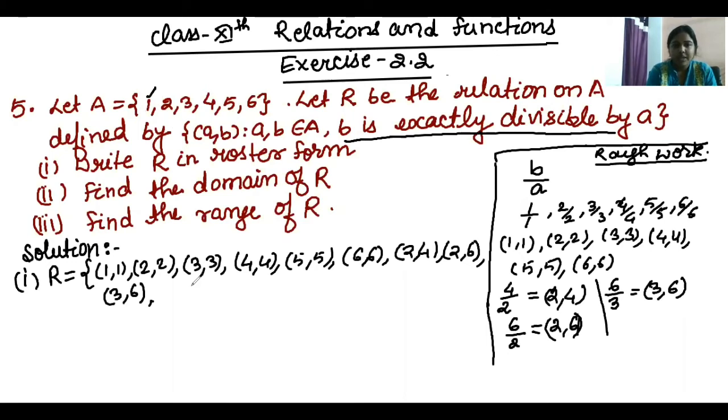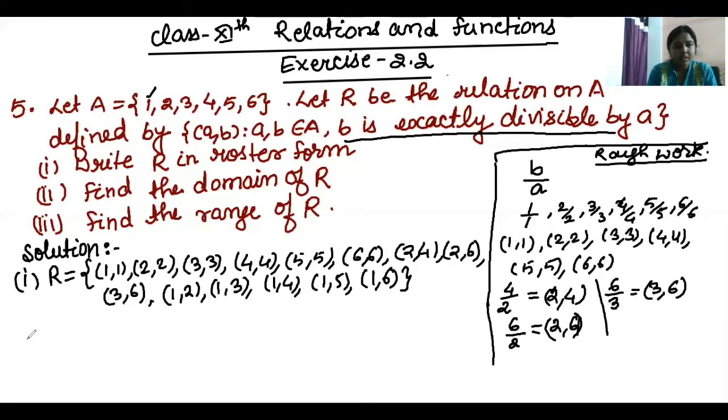So that also we have to write: (1, 2), (1, 3), (1, 4), (1, 5) and (1, 6). Now it is completed. These are the elements of relation R.